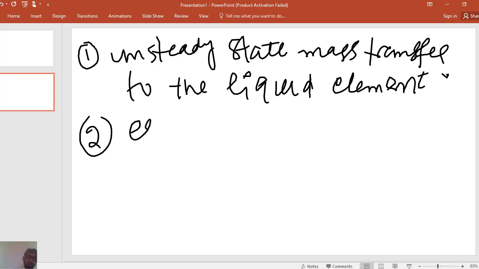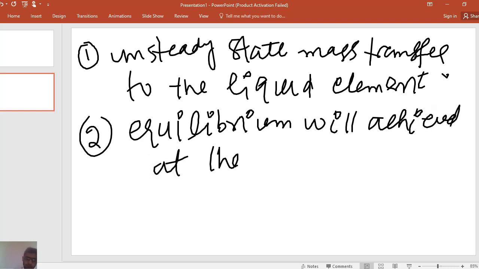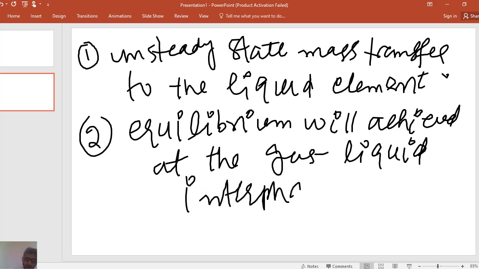Equilibrium will be achieved at the gas liquid interface.